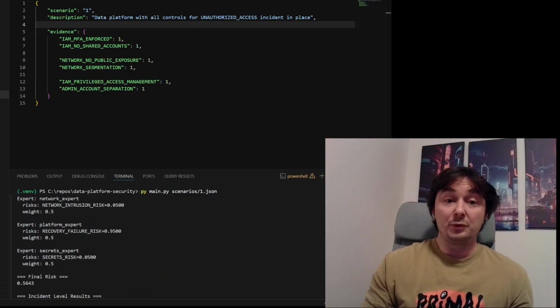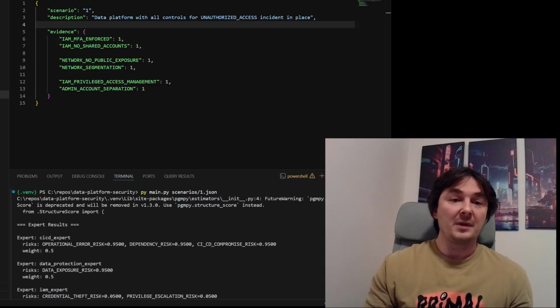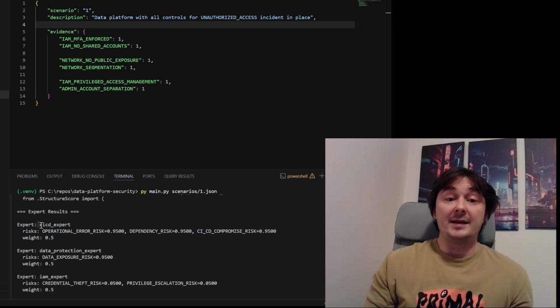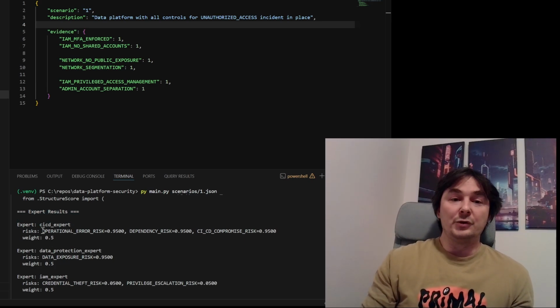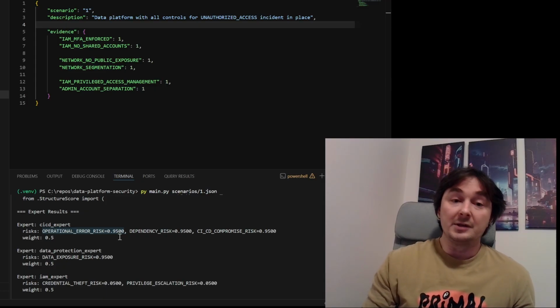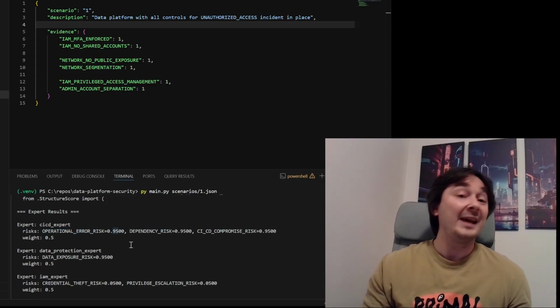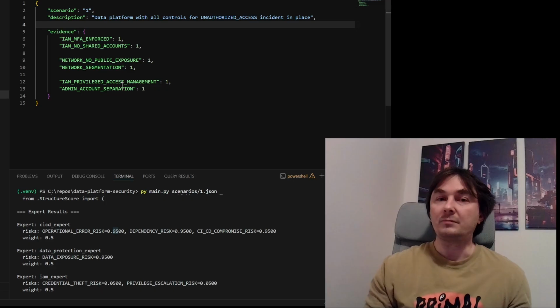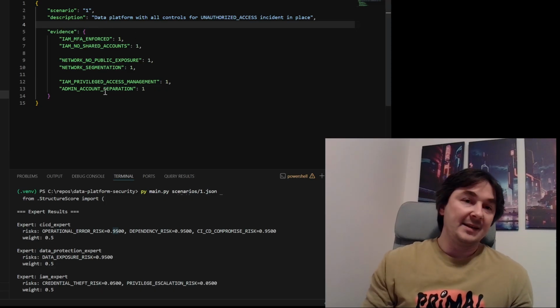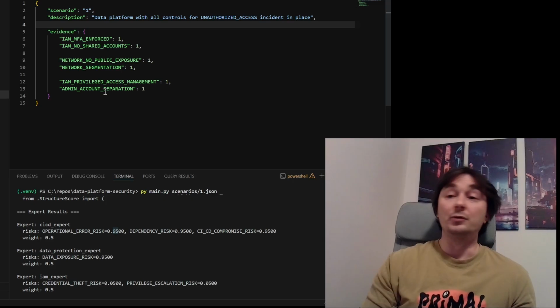and it will output that from our expert results, the CI/CD expert raised those risks, and the probability of the operational error risk is quite high, 0.95, because as you can see, from the evidence, we have nothing at all in regards to the CI/CD.